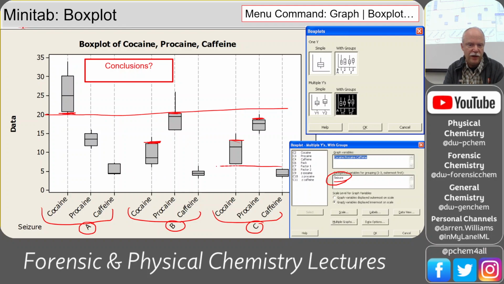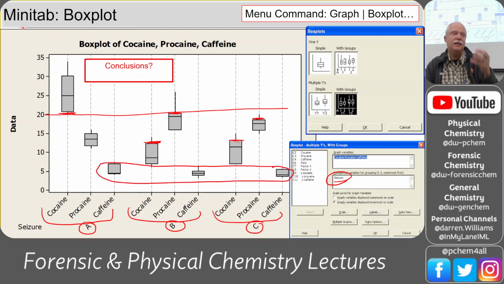So you see here for caffeine, those boxes overlap. So there's probably not a statistically significant difference between the caffeine in all 3 samples, because for a statistically significant difference, the boxes should not overlap.